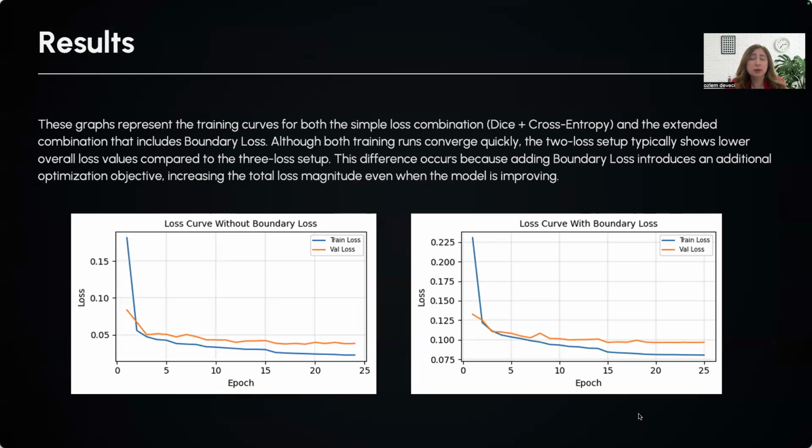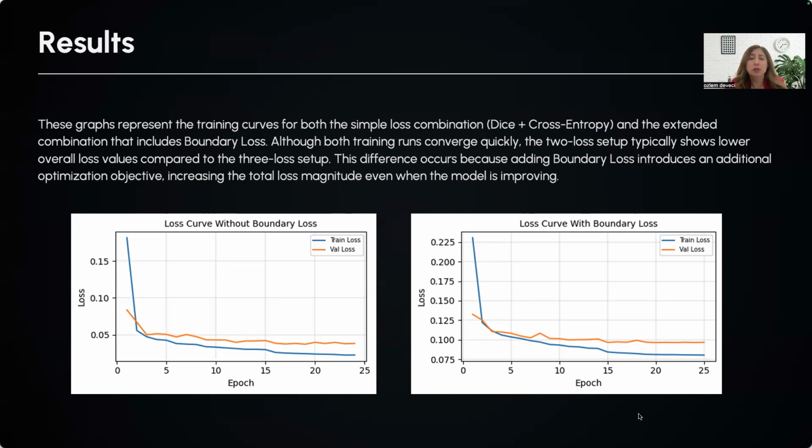The results, loss curves. These graphs represent the training curves for both the simple loss combination, dice and cross entropy, and the extended combination that includes boundary loss.